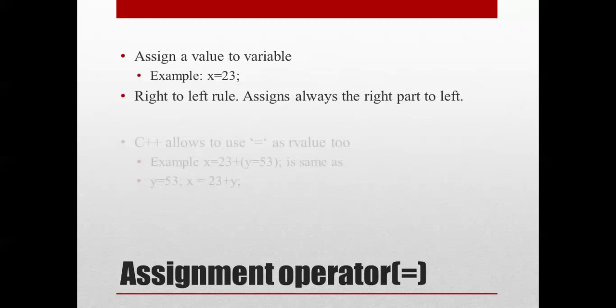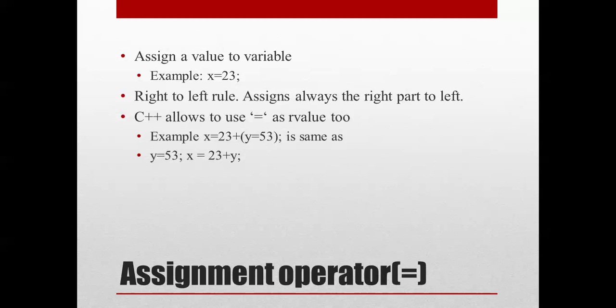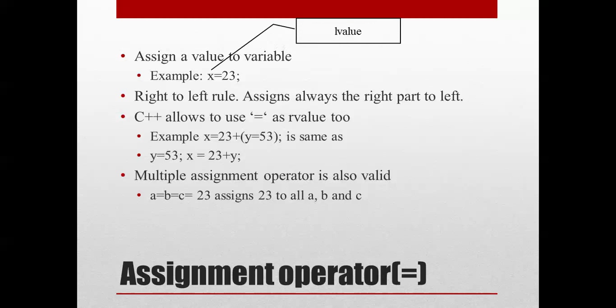Alright, C++ also allows you to use these assignment operators as a right value. By the way, about R value and L value: in the first example, x equals 23, the L value is whatever is on the left and the R value is whatever is on the right.